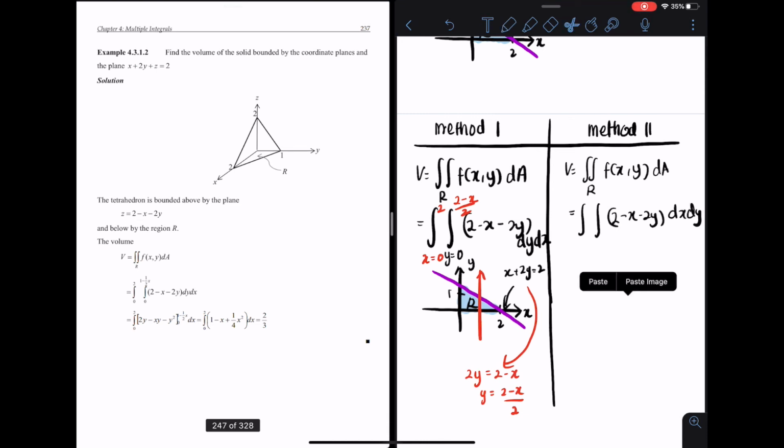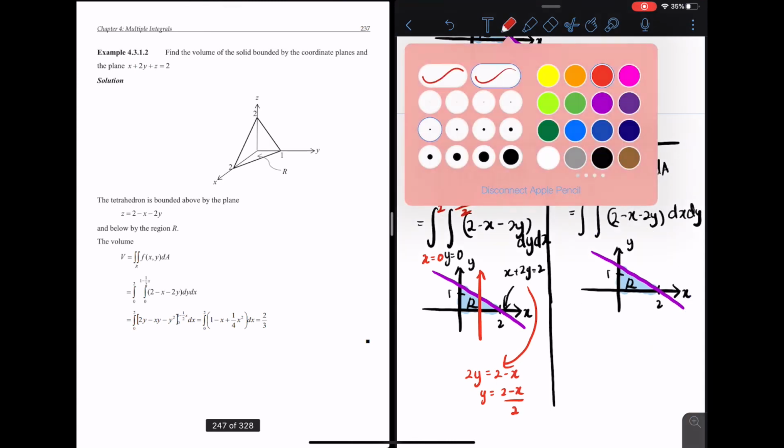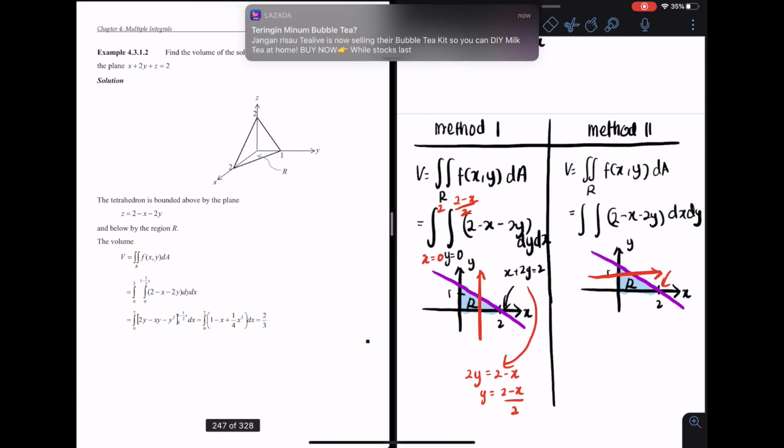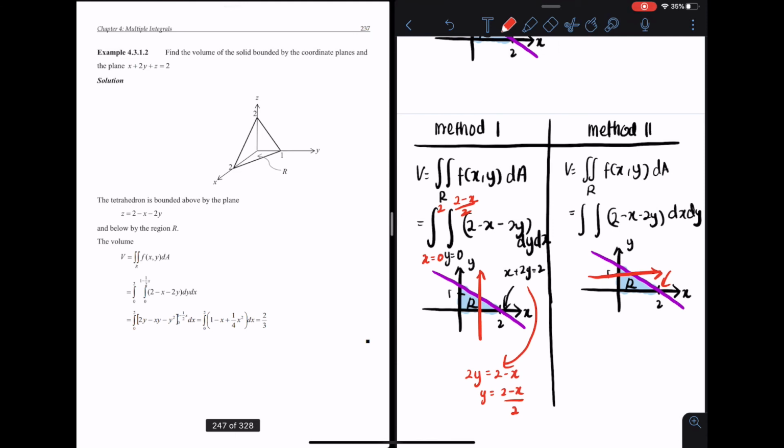Again, I'm going to sketch the region R. Based on this region R, I have to sketch an arrow parallel to the x-axis from left to right. Based on this arrow, I know that this equation can be written as x plus 2y equal to 2.